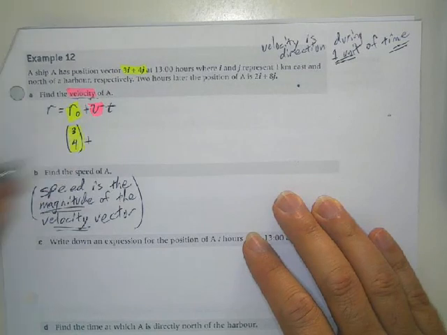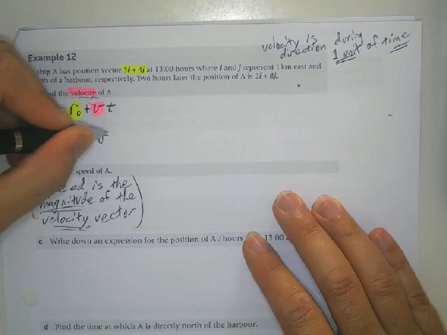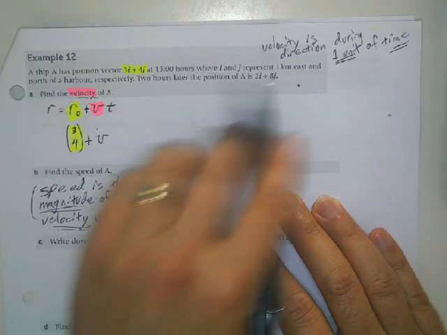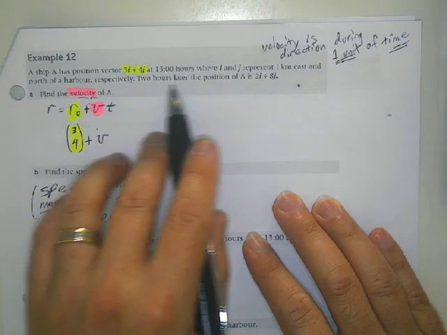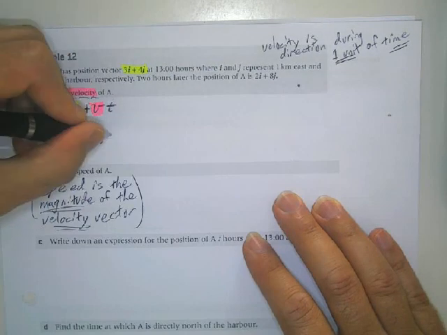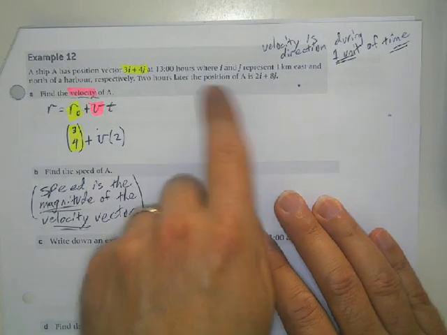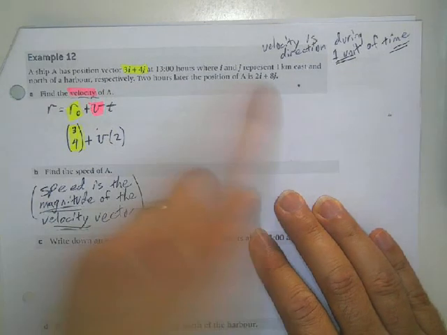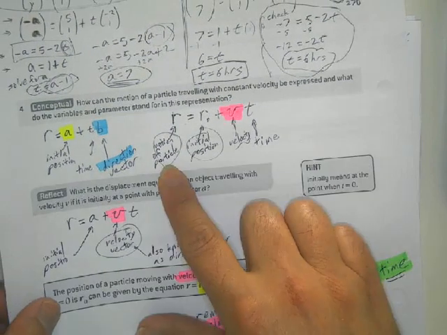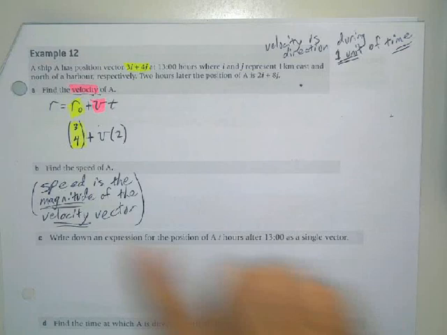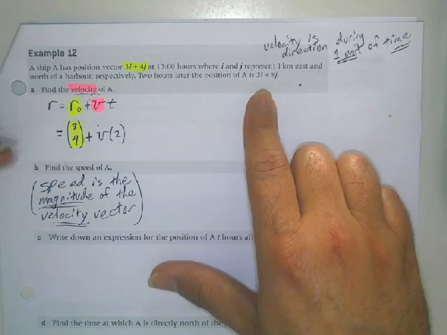How are we going to do that? I'll just write V. Trying to find that. And then after 2 hours, we're at this position. So remember, this represents the motion of the particle. So after 2 hours, we are at this new position, 2, 8.